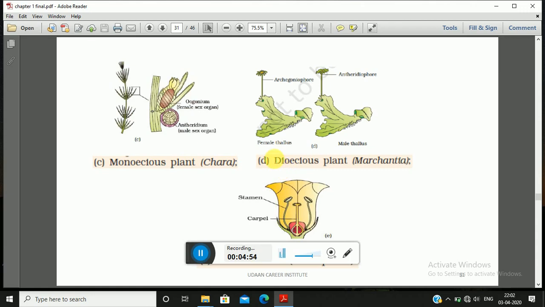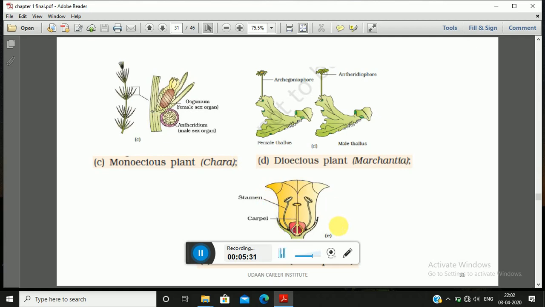Another example is of a dioecious plant, Marchantia, in which male and female sex organs are present in different plants: the female thallus contains archegoniophore and the male thallus contains antheridiophore. This is opposite to the Chara plant, where oogonium and antheridium are present on the same plant.